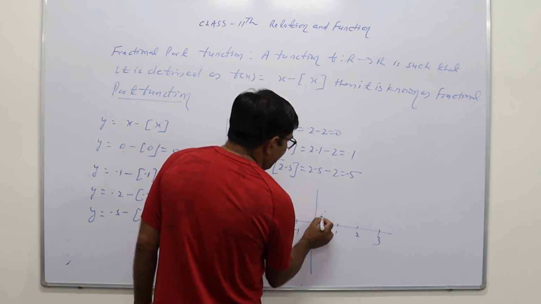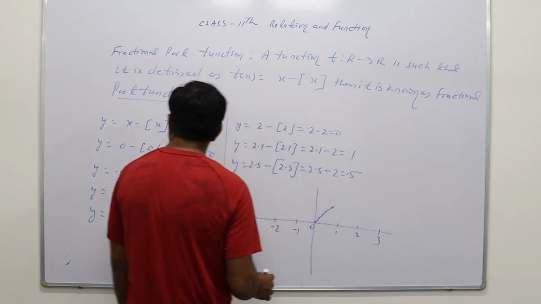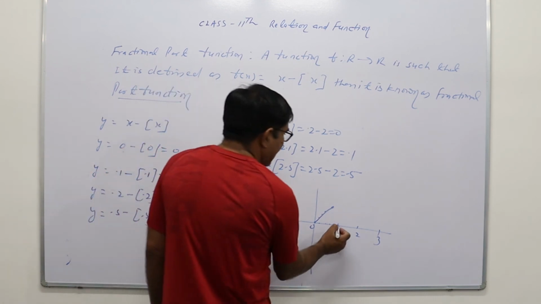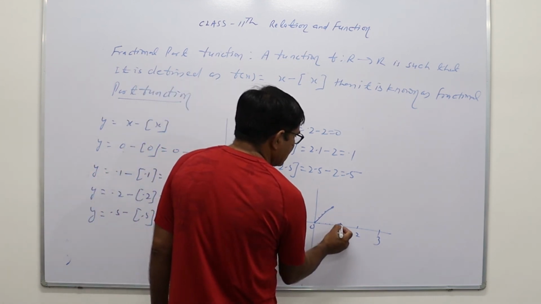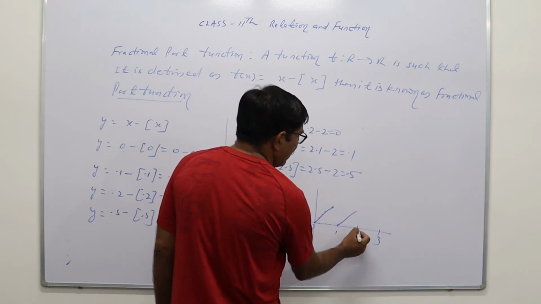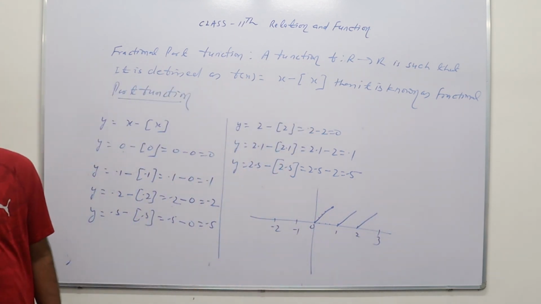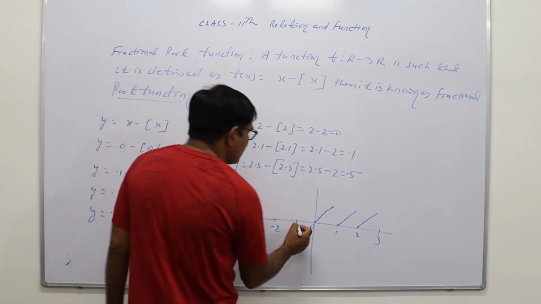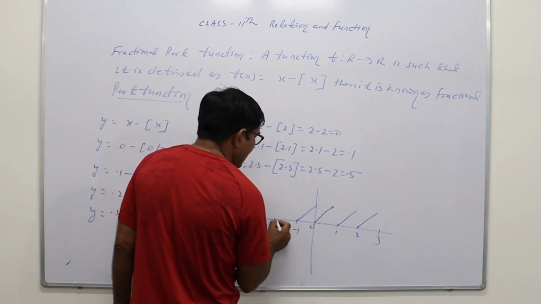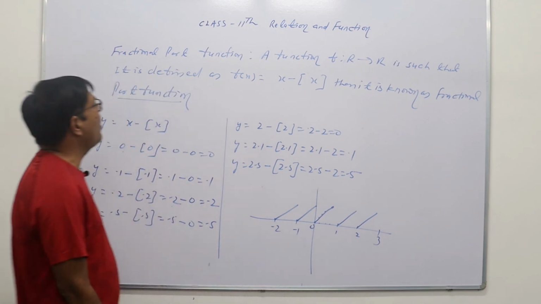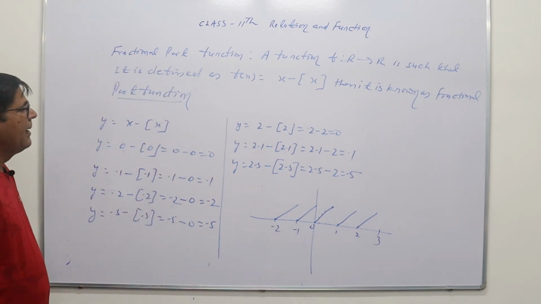So the graph will be in this way. Again, at 1 the graph will come to 0. Next, it goes in this way, then from 2 it is also in this way. And for lower values also it will be in this way. So this is the graph of the fractional part function.